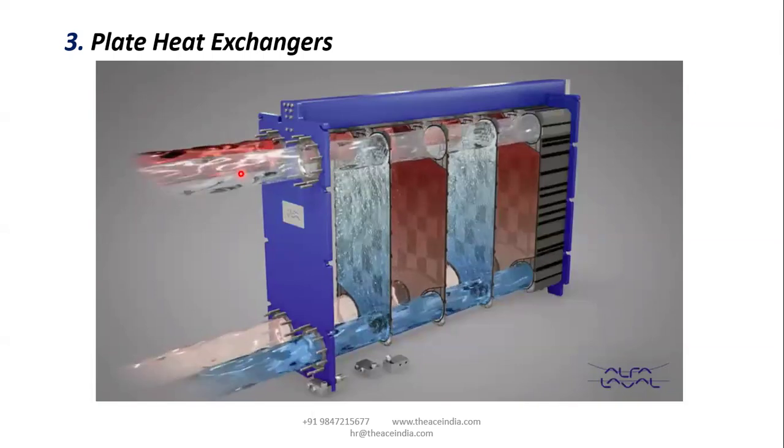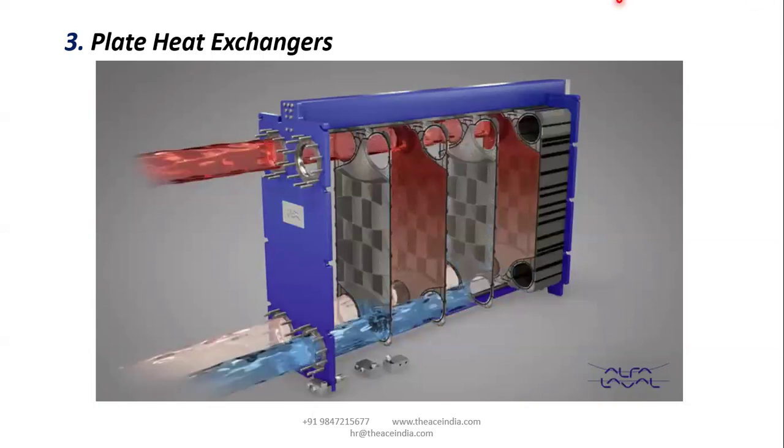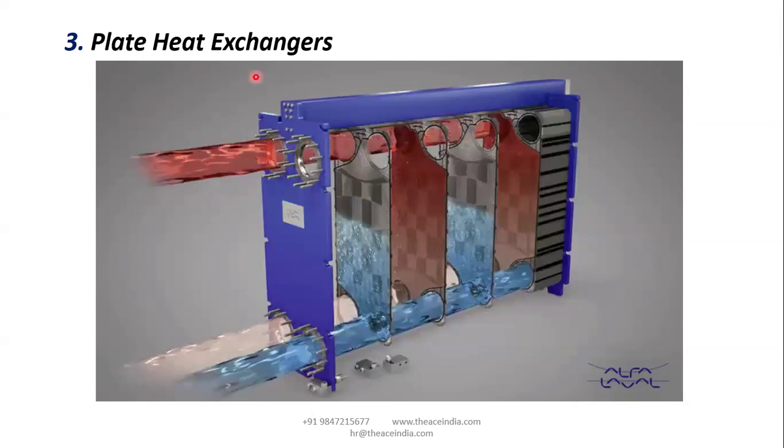But in air conditioning also, we use this kind of plate heat exchanger. In bigger projects, especially chiller-based projects, especially VCR cycle-based chillers, and for industrial air conditioning purposes, we will be using this kind of plate heat exchanger. All right, so is it clear? Is the plate heat exchanger clear?